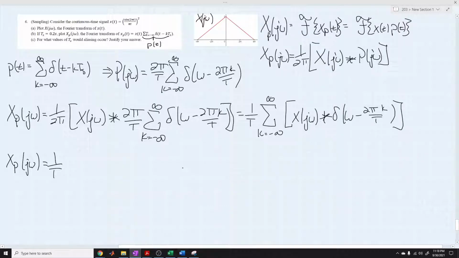And like I said, now we apply the shifting property and we get the sum over all k of x of j omega minus 2 pi k over t.